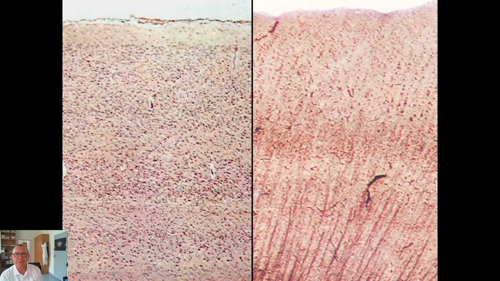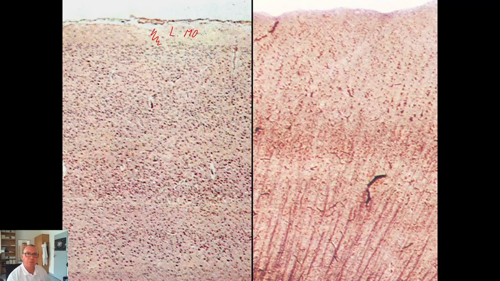If you look at the slide in the left picture, which is stained with hematoxylin eosin, you can see that there exist layers having more cells and layers having less cells. The layer which is really poor in cells is this one here, near the surface, under the meninges, and it is every time recognizable, and it is called lamina molecularis.